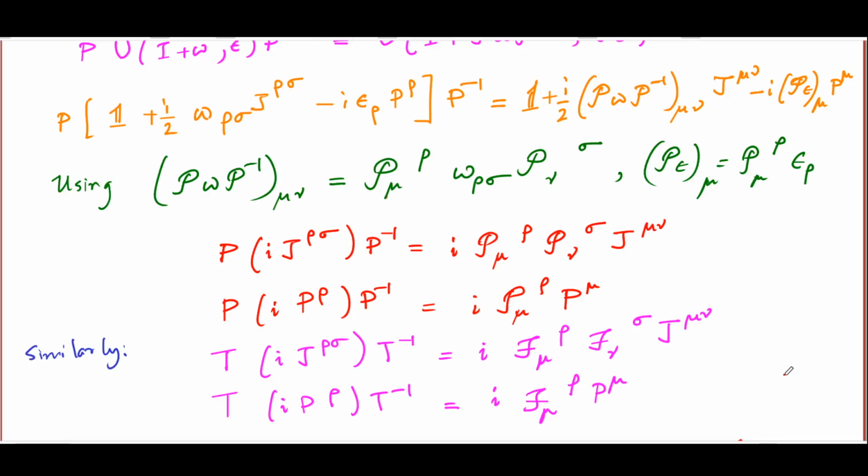It would change it to minus I. So now we have to make a choice. Is capital P a unitary operator or an anti-unitary operator? Also, we have to make a similar choice about capital T. And as we will see now, this choice is really rather easy to make.